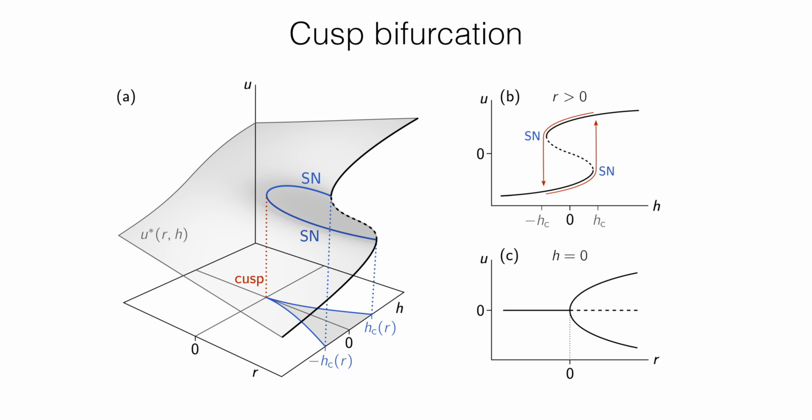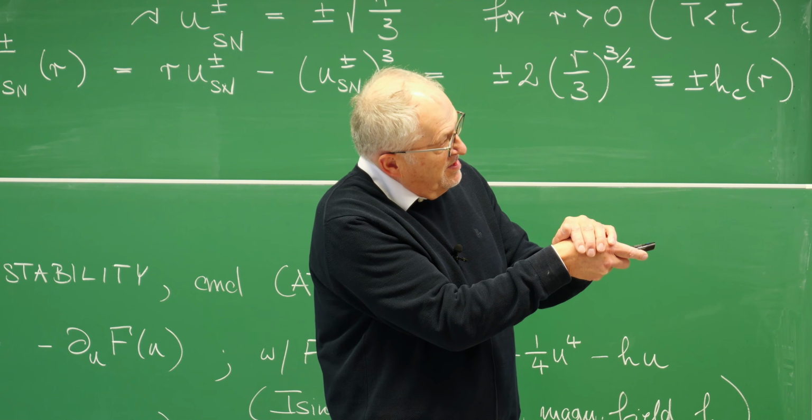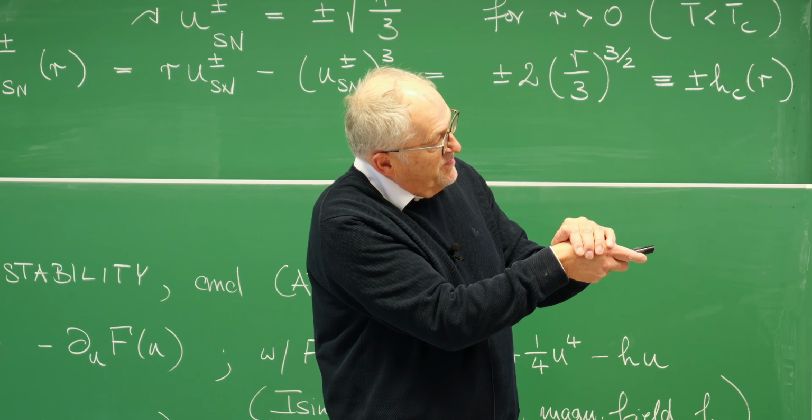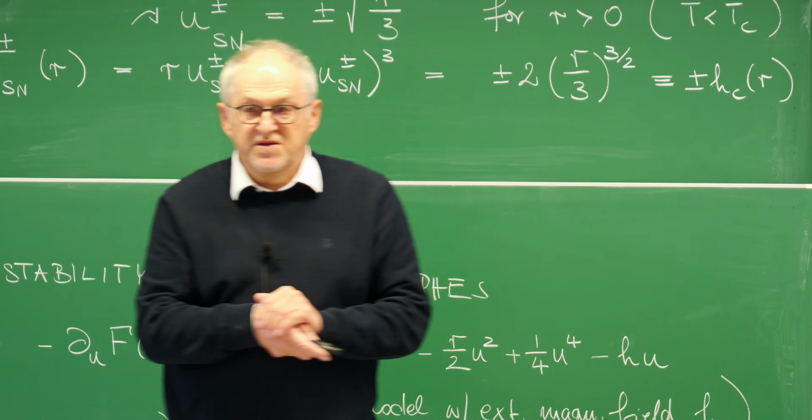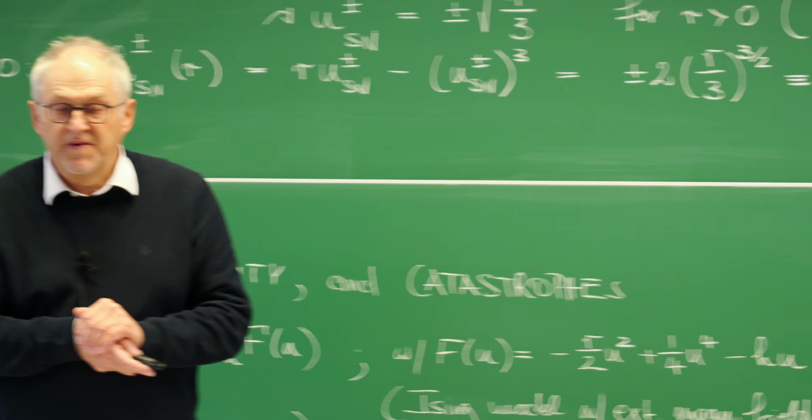Only here, if I'm cutting through this diagram at H equal to 0, I'm getting a pitchfork bifurcation, where if I again look at the graph, which is not the full 3D but a 2D projection, you start from here, there's a stable fixed point, and then in a pitchfork bifurcation, it transitions to an unstable fixed point and two stable branches to the right and to the left.